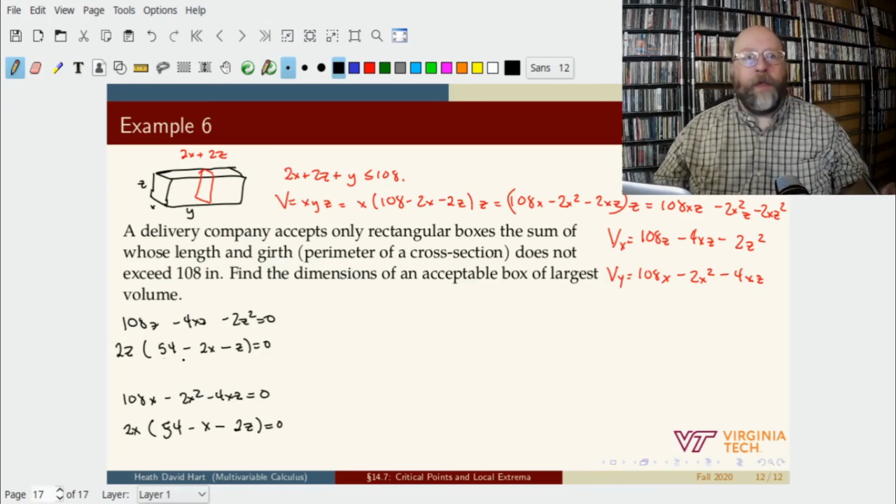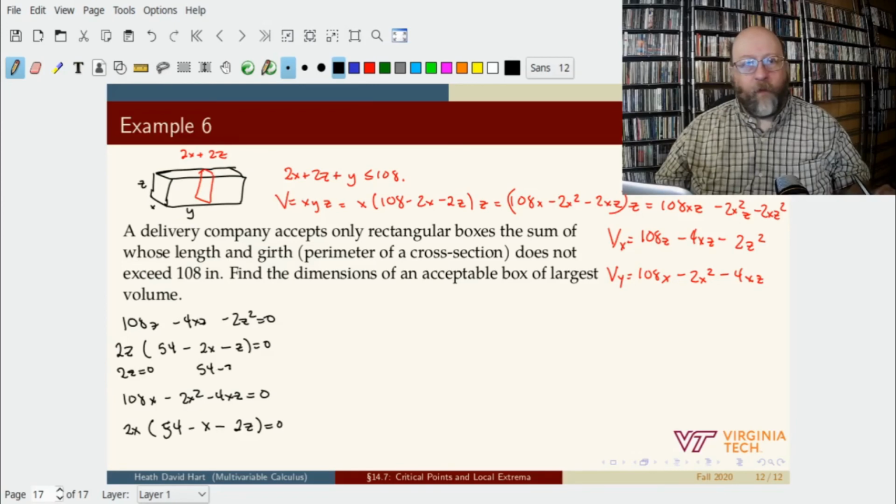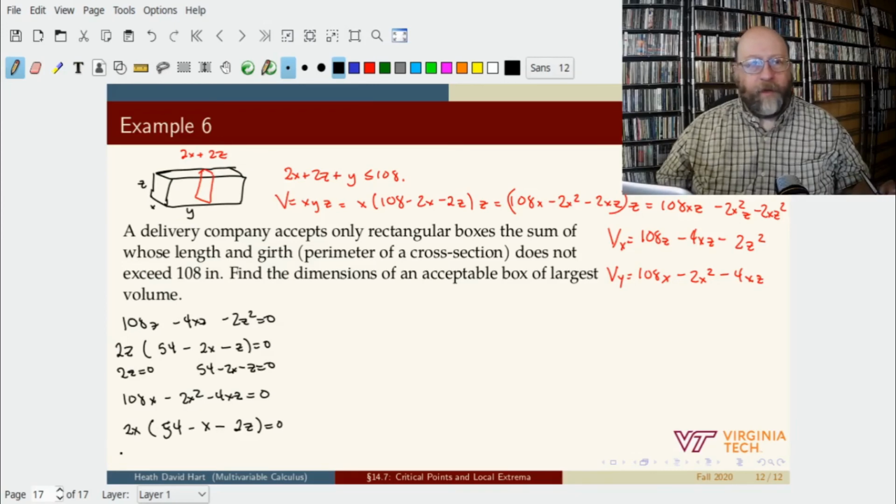Well, this gives me two possibilities: 2z equals 0, or 54 minus 2x minus z equals 0. And: 2x equals 0, or 54 minus x minus 2z equals 0.